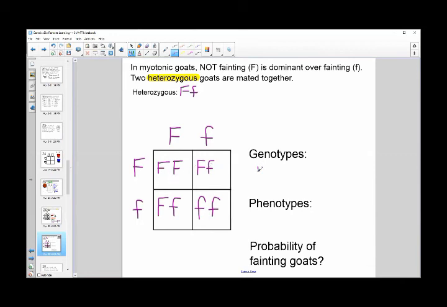So one combination I got was big F, big F, and I got one of those. Another combination I got was big F, little f, and I have 2 of those. And then the last combination in the square is little f, little f, and I have 1 of those.